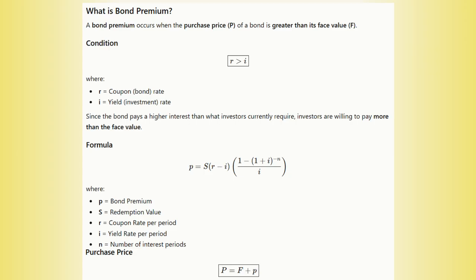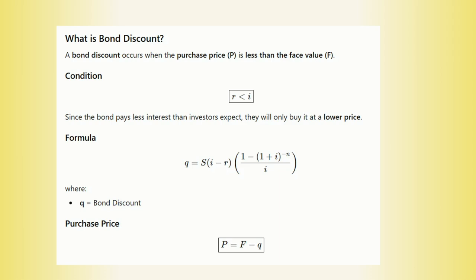Now, how about the bond discount? Bond discount occurs when the purchase price is less than the face value. Let's have, again, the 1,000 ticket. Now, in the bond discount, may gustong bumili ng ticket mo ng 800.